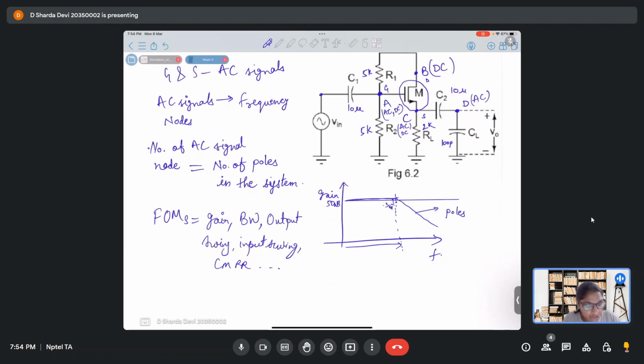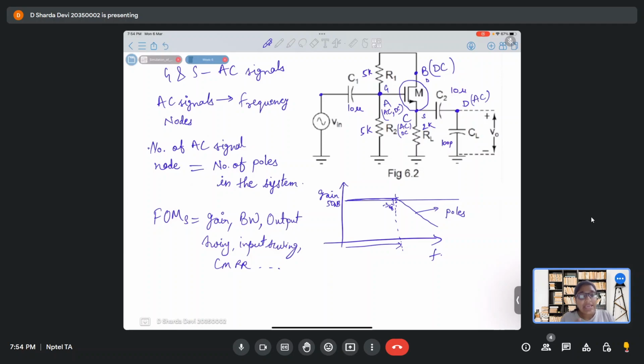You might have heard of minus 3 dB frequencies, right? We also call them cutoff frequencies. Have you heard the name cutoff frequency? Yes, ma'am. Minus 3 dB frequency, cutoff frequency, low frequency, high frequency, all these things. That defines the bandwidth of the circuit.